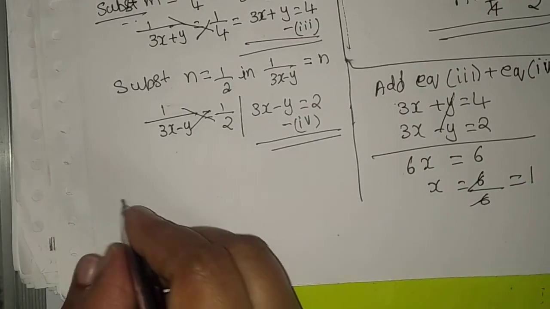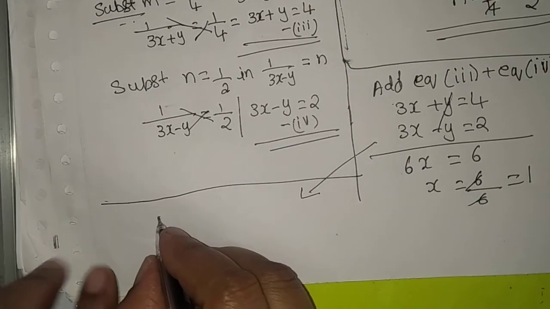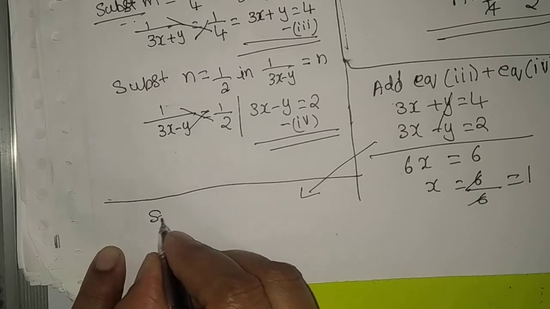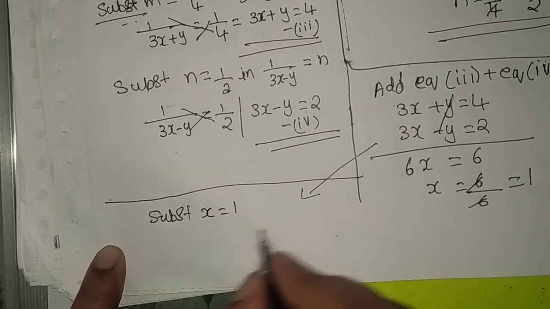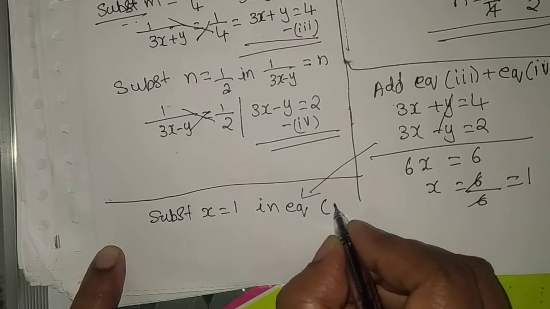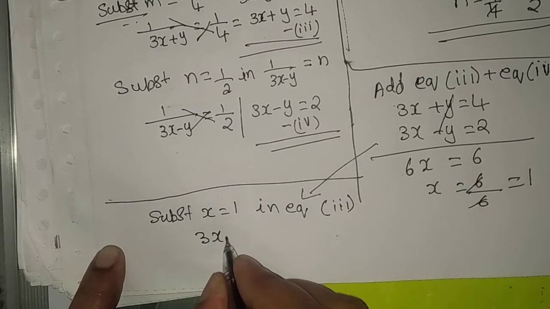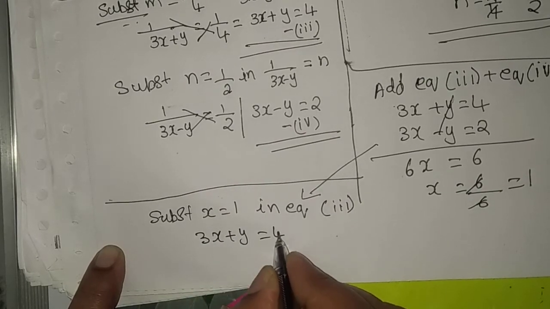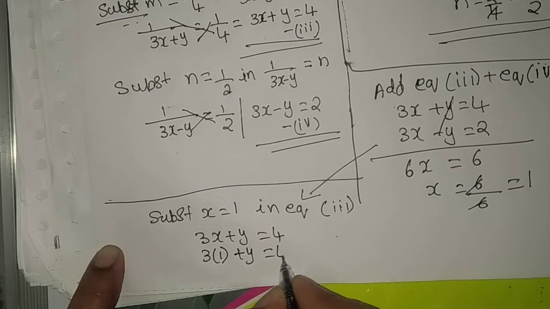So now after this, therefore substitute x is equal to 1 in equation 3. So equation 3, 3x plus y is equal to 4. Therefore 3 into 1 plus y is equal to 4.